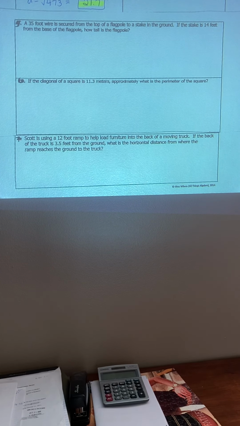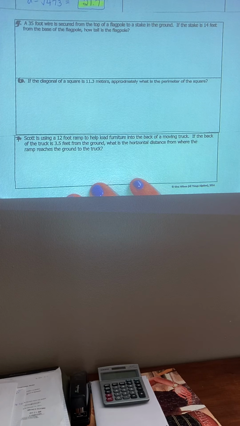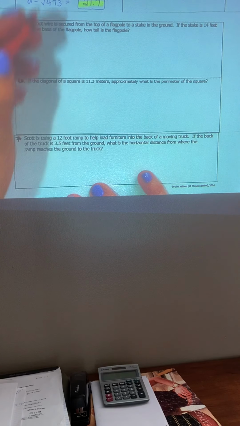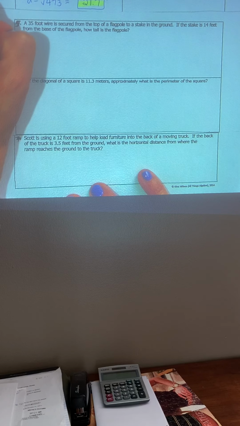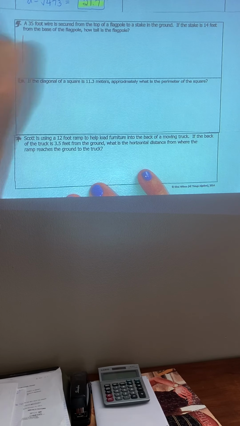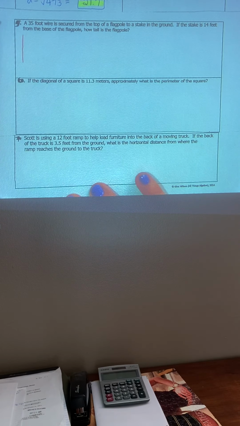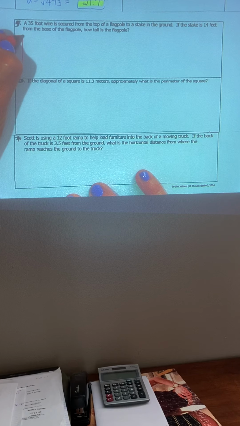A 35-foot wire is secured from the top of a flagpole to a stake in the ground. If the stake is 14 feet from the base of the flagpole, how tall is the flagpole? So that wire is secured. So here's your wire.